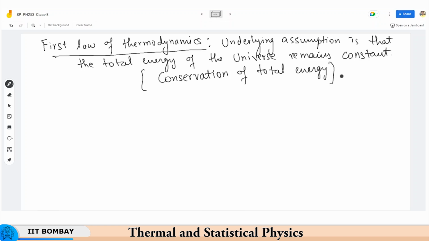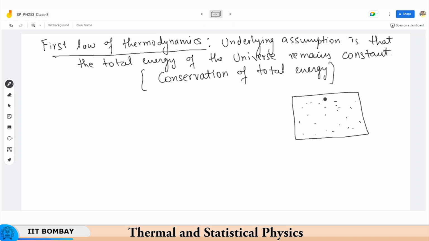right. And keeping this in mind, now we will see what is the formal definition of first law of thermodynamics when applied to a thermodynamic system. So say you are given certain system, and it has many molecules, and these molecules have a lot of kinetic energy, they have potential energy.